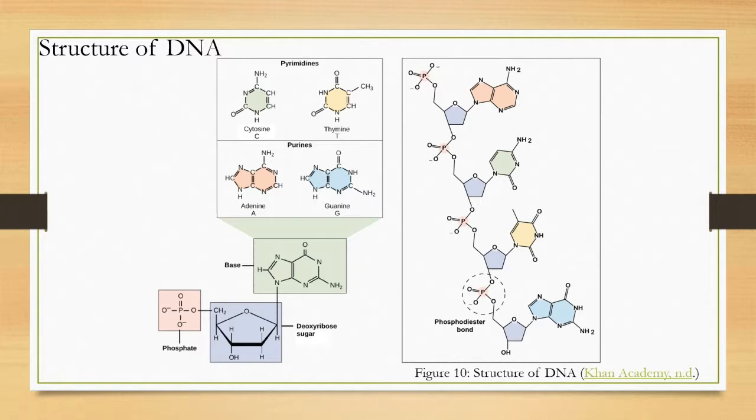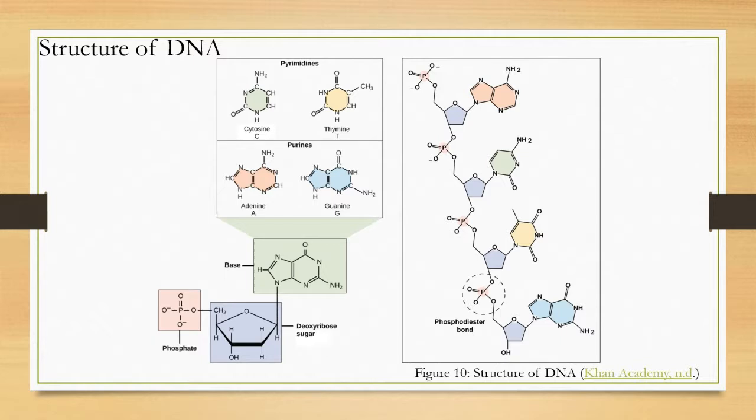The building blocks of DNA are nucleotides, which contain 3 components: a nitrogenous base, a 5-carbon pentose ring, and a phosphate group. The nitrogenous base is one of 4 bases: adenine, guanine, cytosine, and thymine.